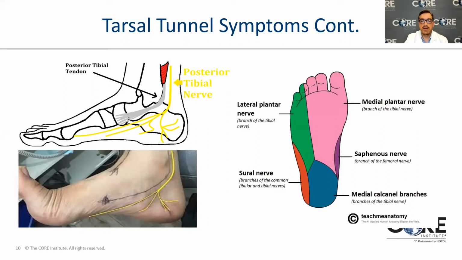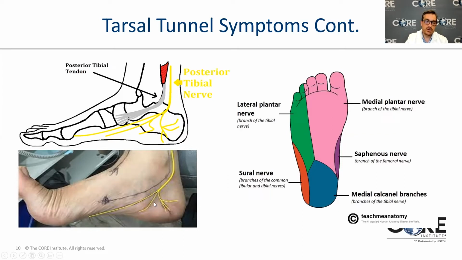So again, the left picture here just shows a drawing of the posterior tibial nerve. If you follow my cursor, the ankle bone is right here, and the posterior tibial nerve comes down towards your heel, and it splits into these branches that wrap around to the underside of the foot.